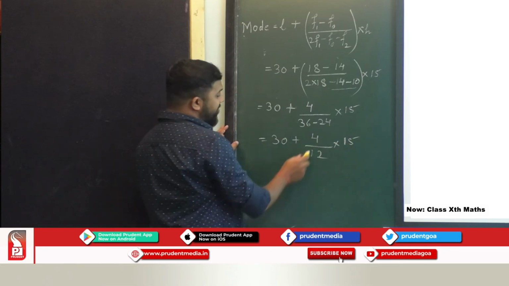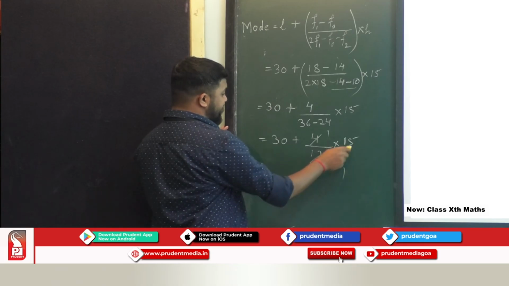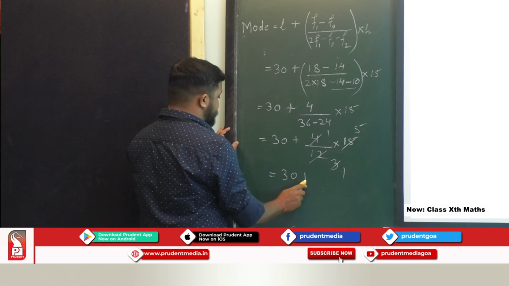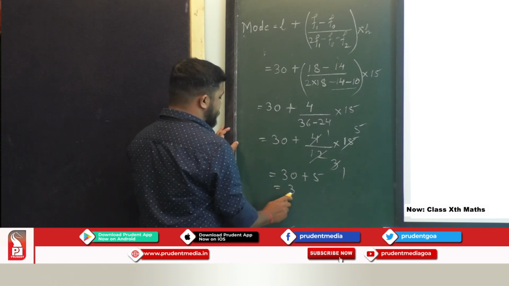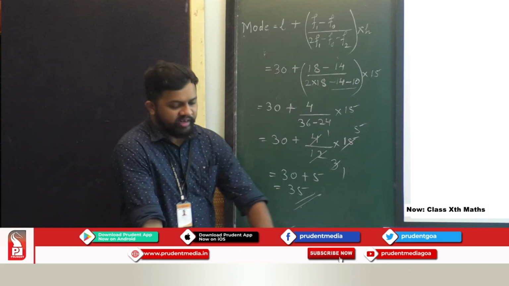Multiply by 15. Cancel with the table: 4 ones are 4, 4 threes are 12, 3 ones are 3, 3 fives are 15. So 30 plus 5 will give you the answer 35. So this is how you can get the answer of mode.